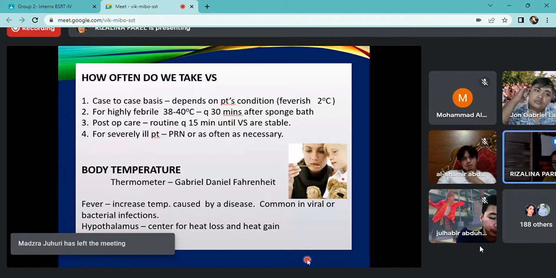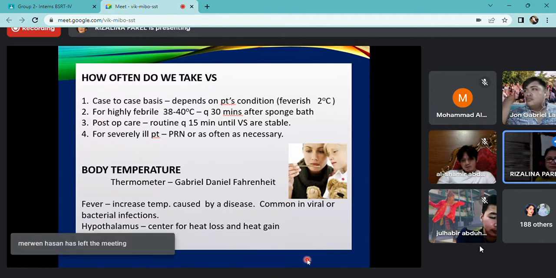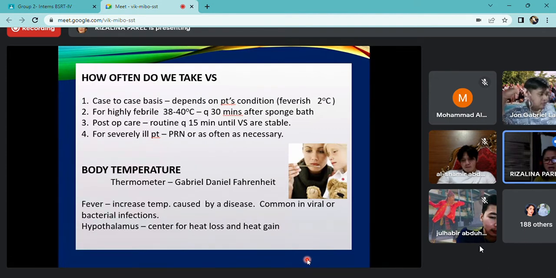Okay, so kapag ang hypothalamus ang naapektuhan due to car accident, then yung heat loss and heat gain mo ay affected, and magpo-cause yan ng critical condition sa patient. Kailangan yan ma-resolve at makorek.